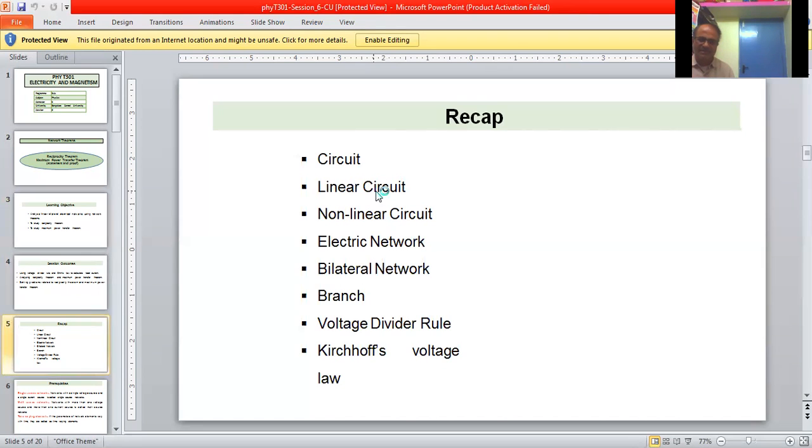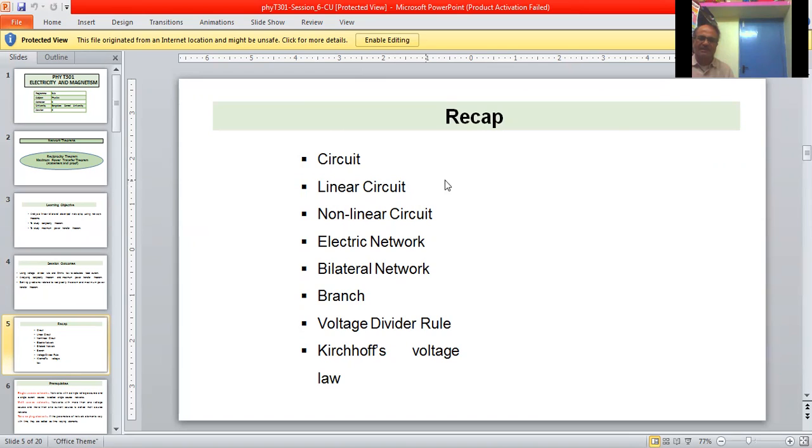Next, we'll see what a linear circuit is. In a linear circuit, the electrical components such as resistors, capacitors, and inductors are connected in such a way that their values do not change when the current changes its direction.